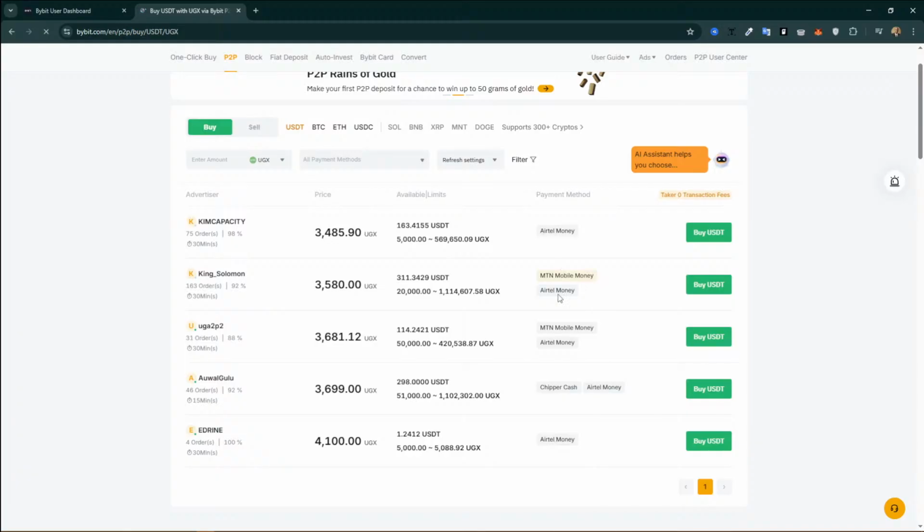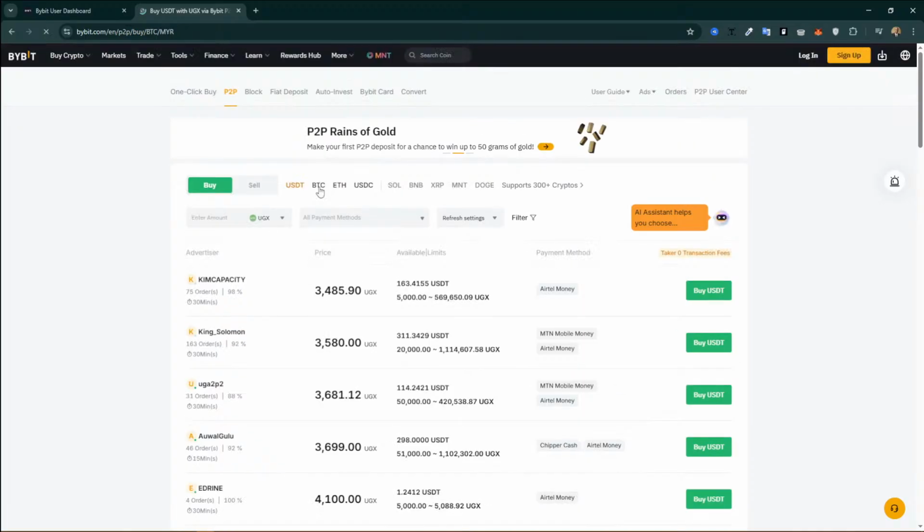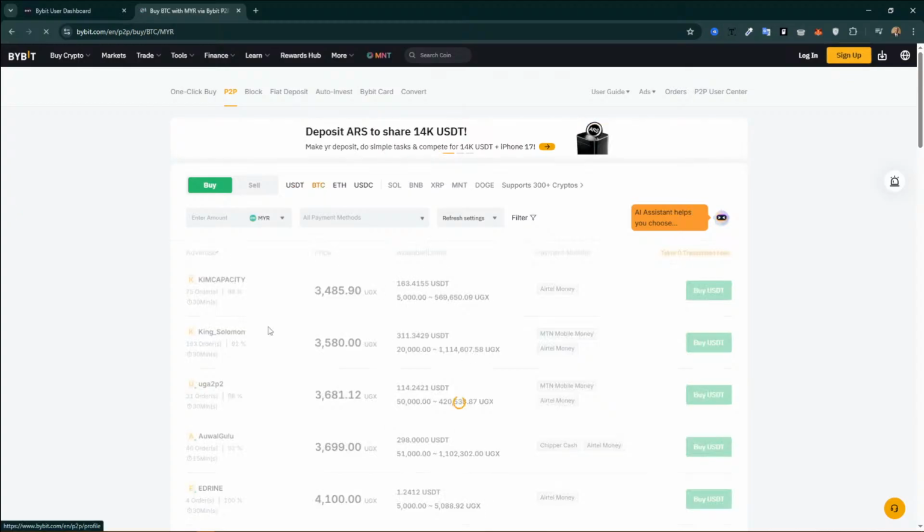Notice this one is from Gulu and is offering a cheaper cash payment method for you to buy USDT from him. Even if you choose, let's say BTC, you'll notice the sellers might change here. Different sellers sell different types of currencies for different crypto. So that's the platform, that's the marketplace. The process is called P2P or peer-to-peer. That's another way to deposit crypto into your wallet.